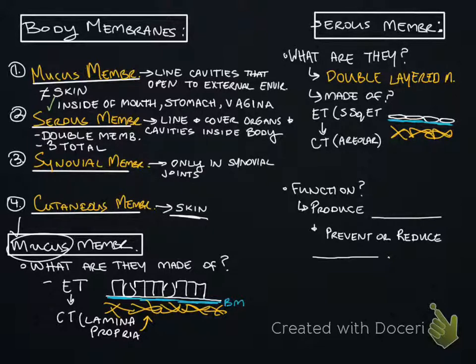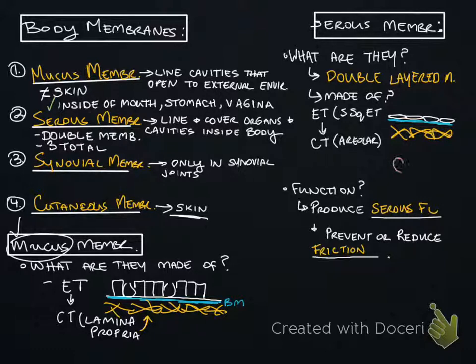So what is the function of our serous membranes? Well, it's to produce serous fluid. And that fluid in that double layered membrane is to prevent or reduce friction. So if I draw you an example, one of our serous membranes is the pericardial membrane around the pericardial cavity.